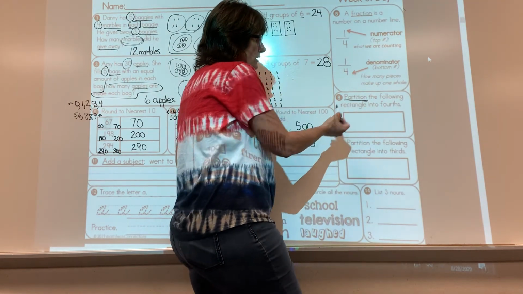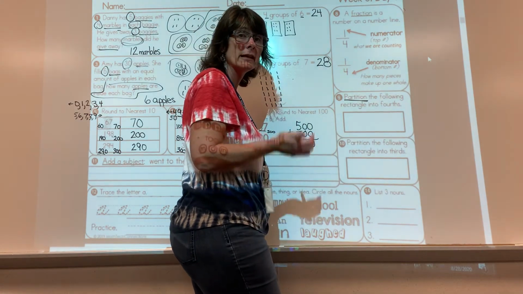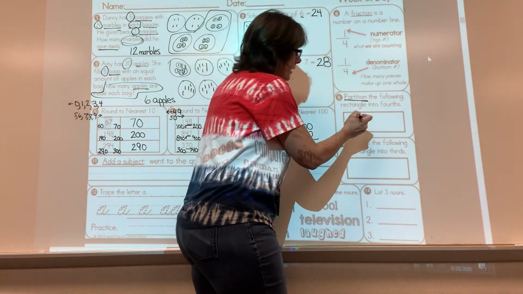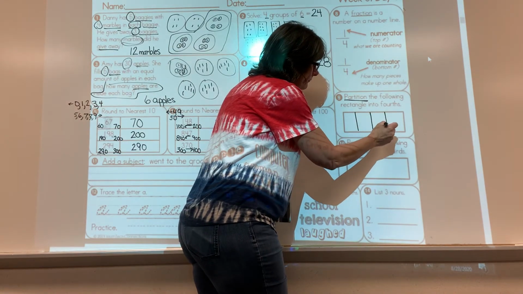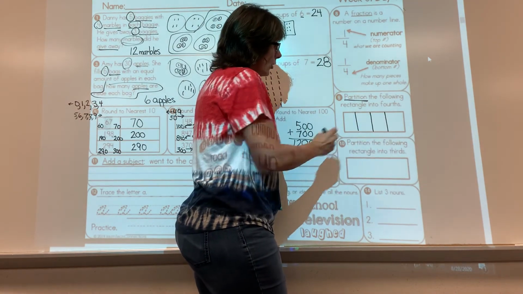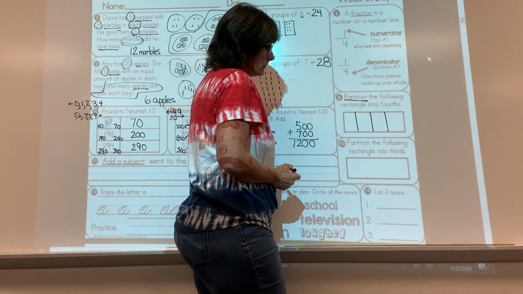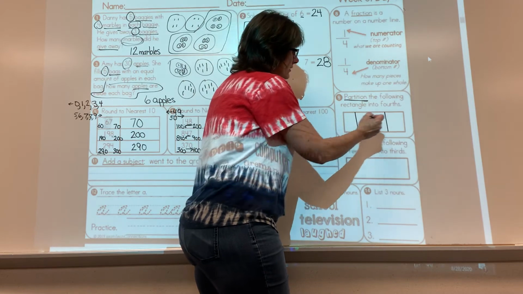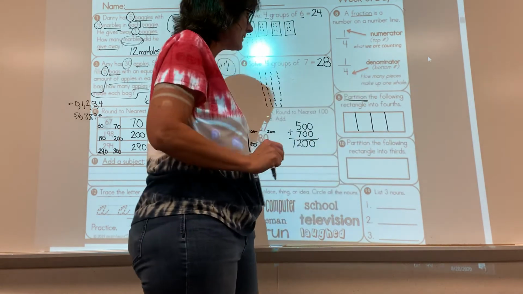So we're going to partition the following rectangle into 4ths. That means we need 4 pieces. You could cut it this way, or you could cut it like a window, or you could cut it this way with 3 lines to make long skinny pieces.